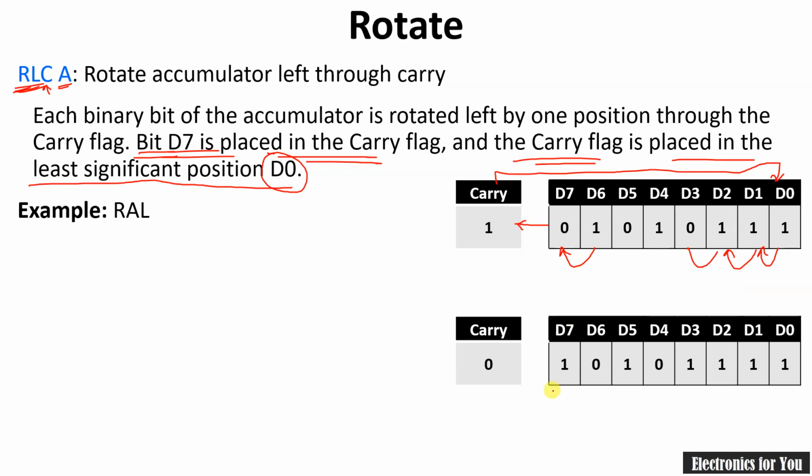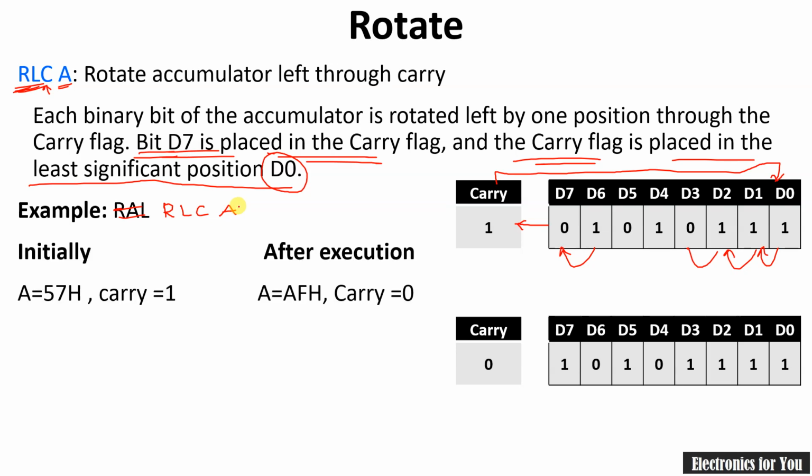Here you can see D7 was 0, and therefore it is shifted into the carry flag. The carry flag was 1, and it is shifted into D0, and every remaining bit is shifted to the left side. This is the rotate left through carry, that is the RLCA instruction, and this is the final result after execution.